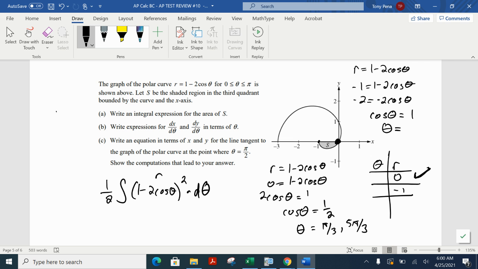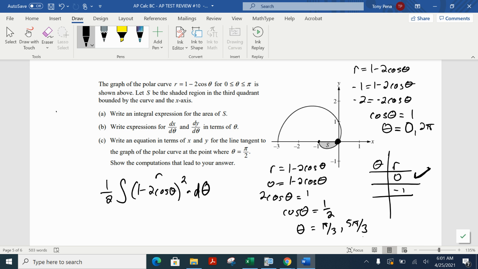What angle has an x coordinate of 1? Nicely, that's going to be 0. Now, it's also 2 pi, right? Same down here, pi over 3 to 5 pi over 3.